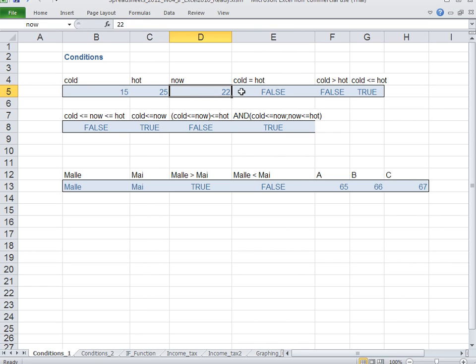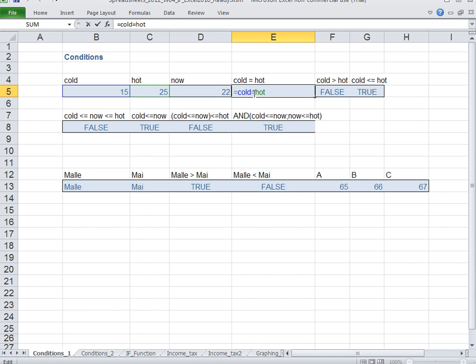Now the first condition we could construct would be to compare cold and hot. We write the equal sign in the beginning of this comparison. This equal sign will tell Microsoft Excel to calculate things. But now our remaining portion of the formula is cold equals hot, and there we're comparing whether 15 and 25 are equal.